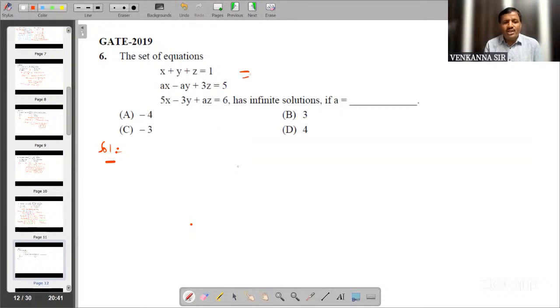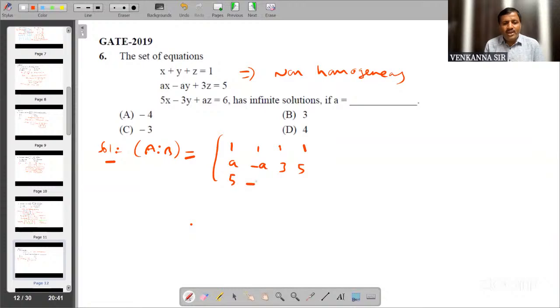First of all, what type of equations are they? Non-homogeneous equations. For non-homogeneous equations, we have to calculate the rank of the augmented matrix: 1 1 1 1, a minus a 3 5, 5 minus 3 a 6.